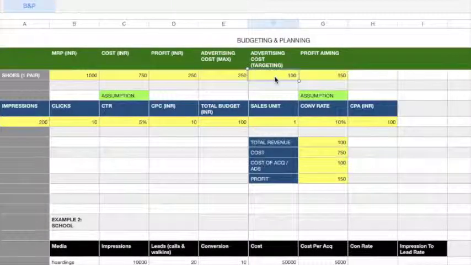Or, on the other hand, I can say that, look, let's say I'm going to spend 100 bucks out of this 250 rupees on advertising only, and I would want to retain a profit of 150.